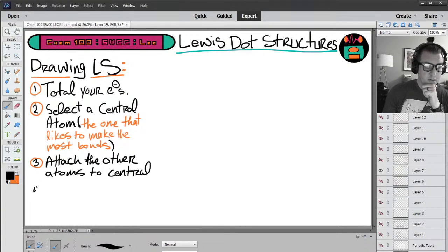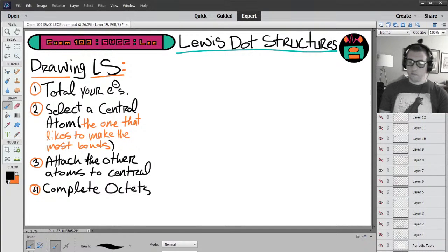Step 4, you're going to make sure the octet rule is satisfied. We're going to complete the octets of every element in the structure. And then 5 is optional. It depends upon if you're dealing with an ion or not. You're going to add charge.